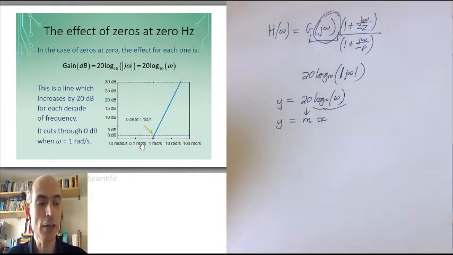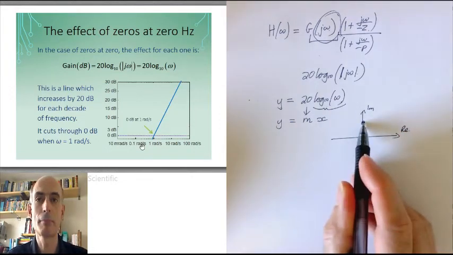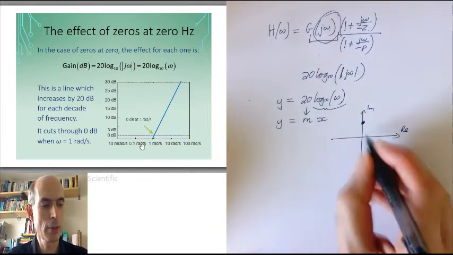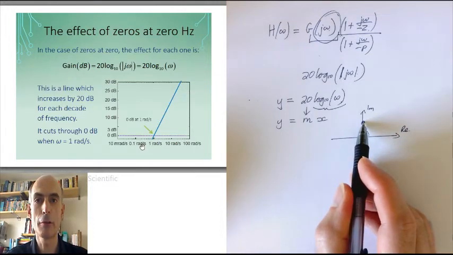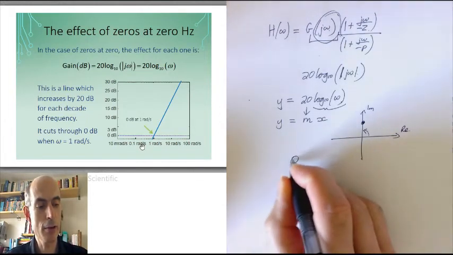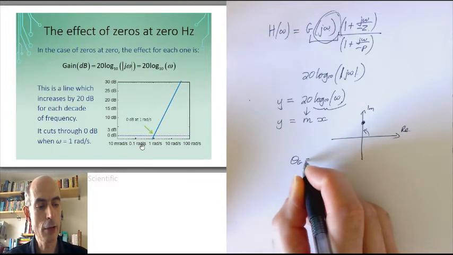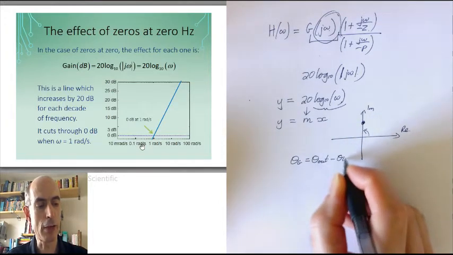In terms of phase, j omega is going to be there, on the imaginary axis. So it's going to introduce a phase term of 90 degrees. And it's a positive 90 degrees. If you remember, the phase response is the output phase minus the input phase.